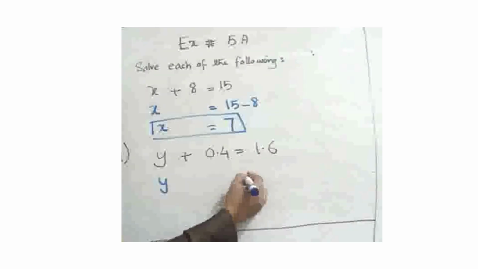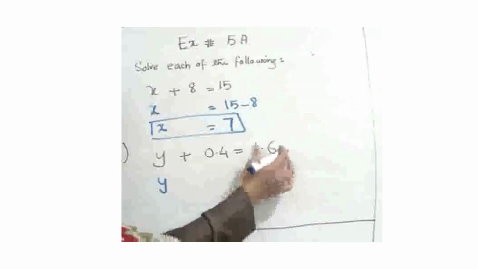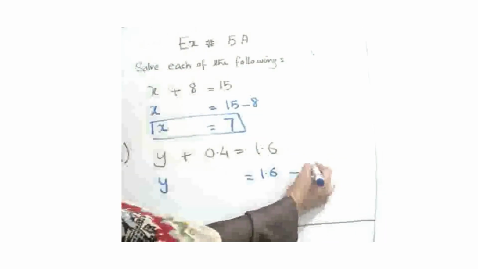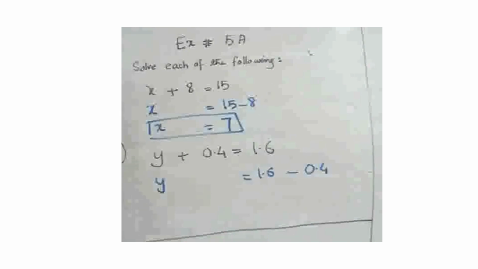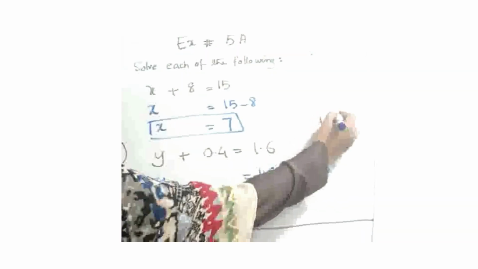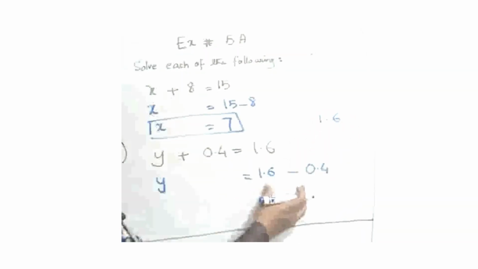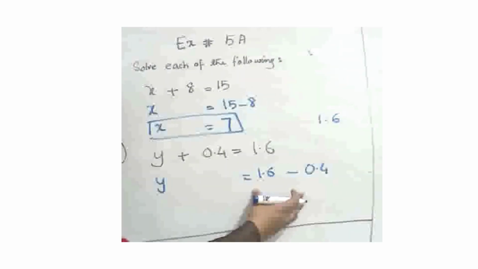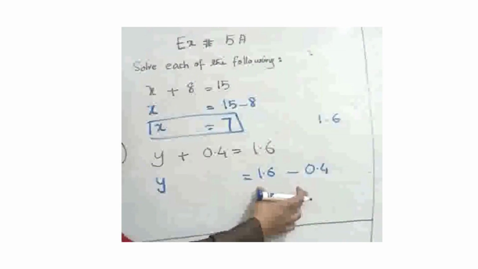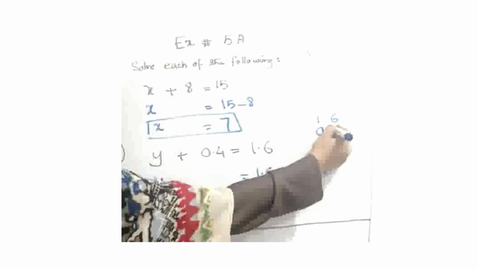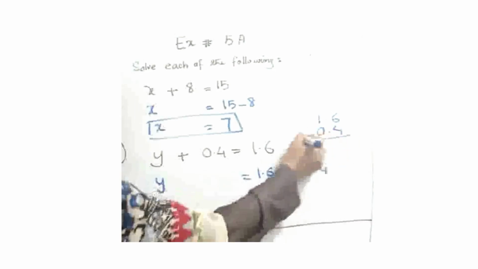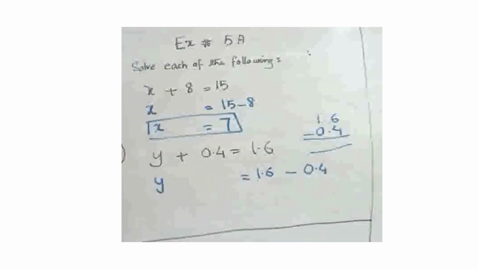It will go to the other hand side. 1.6 is copied down and minus 0.4. So you have to do subtraction in decimals. I hope you can do it directly, but I am showing it on the board. Whenever you do subtraction and addition of numbers having decimals, you have to keep the decimals aligned, so the decimal comes exactly at its position.